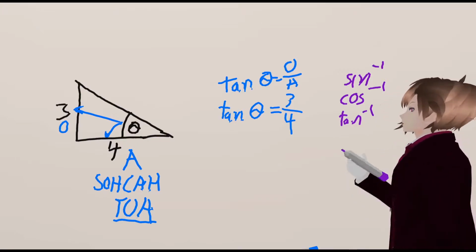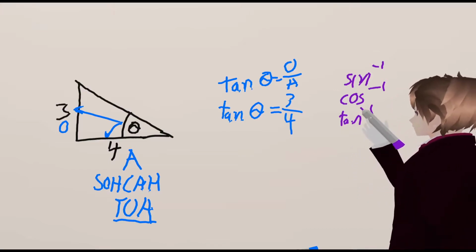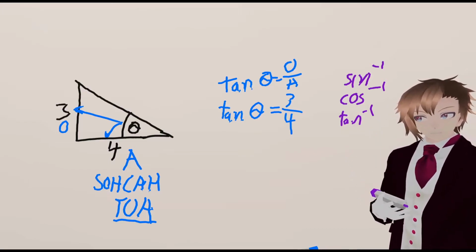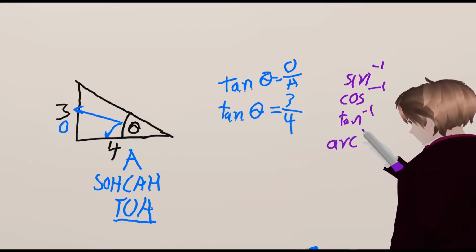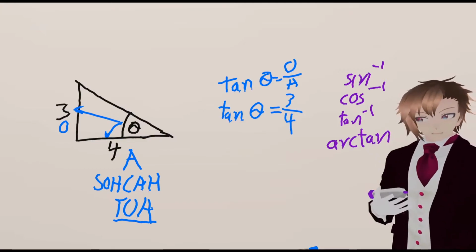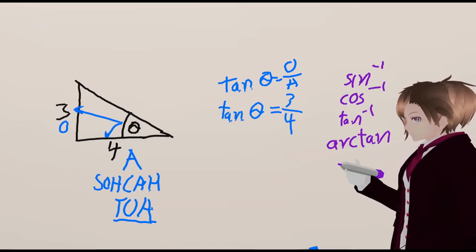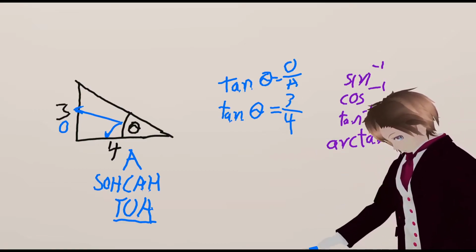These are the arc sine, the arc cos, and the arc tan. If you were to use it without this negative 1, it would just look like this. It would be the arc tan. So just ARC.